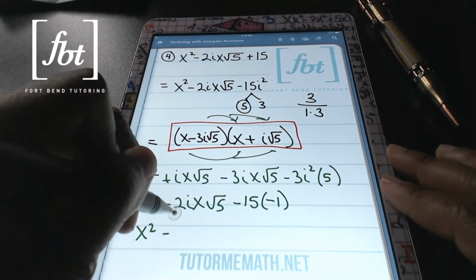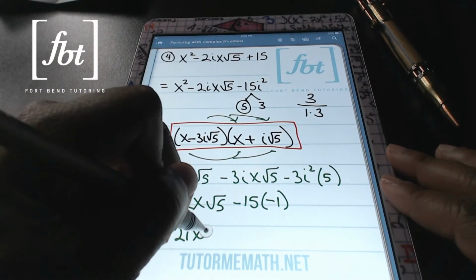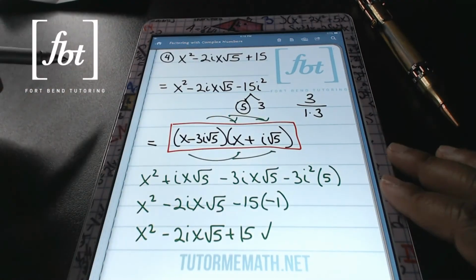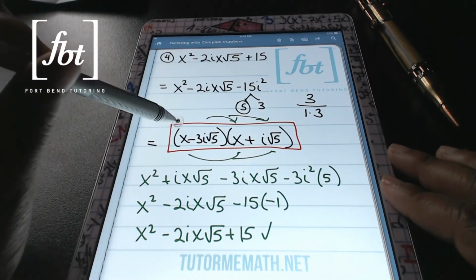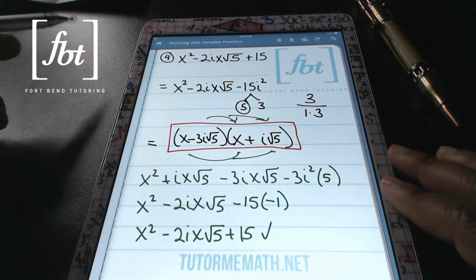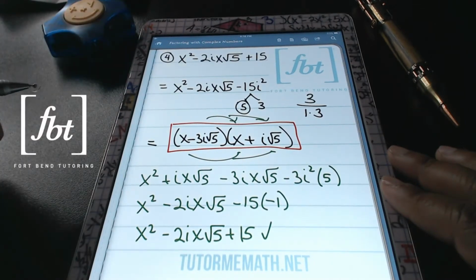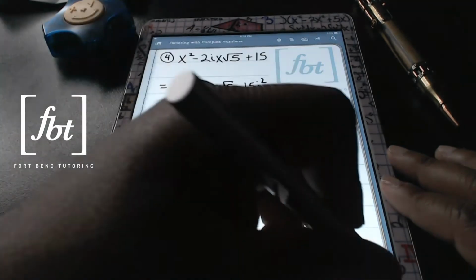Continuing to simplify, you'll have x squared minus 2ix times the square root of 5 plus 15. And this verifies that our factorization of the original expression is spot on. That's right. It works. It just does. Yeah, that was problem number 4, guys. All right, let's check out the next problem.